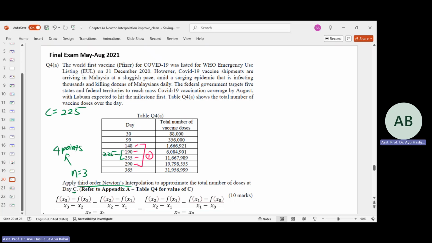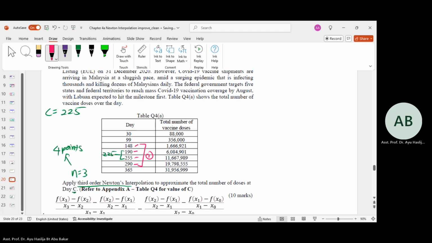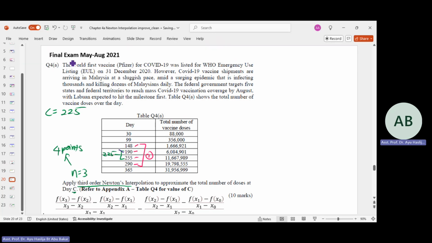Or you can also choose this one, which must include this one, X. Different data points will give you different final values. Only 4 data points. If you choose all, then your answer will be wrong. That's why when you list your data points, you also get marks for the correct data points.